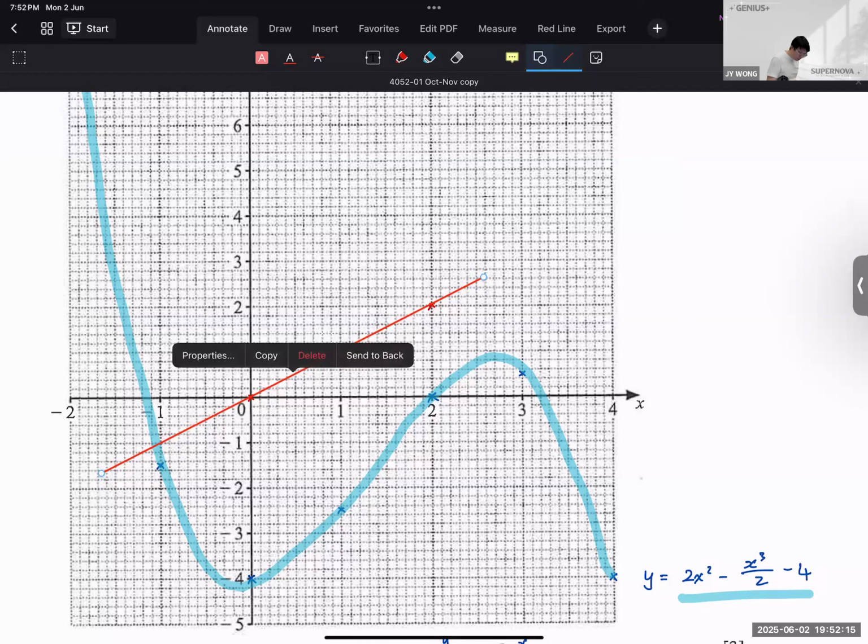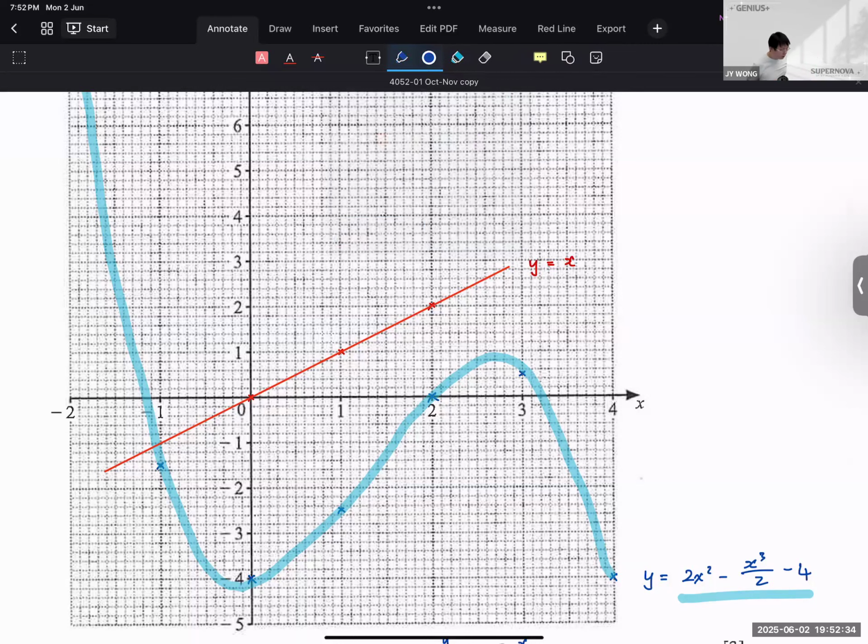Now, the interesting thing about this question is that actually the question never asks you to draw. But I do think that if I were the student sitting for this exam, I would draw. So this is the equation y equals to x.